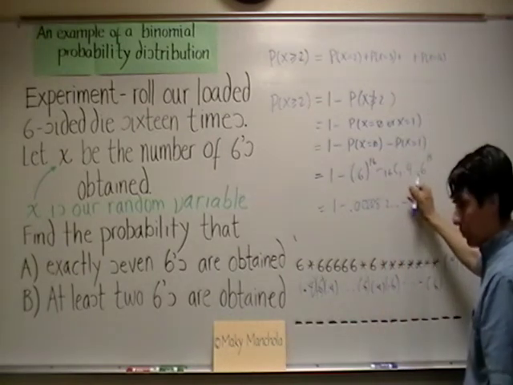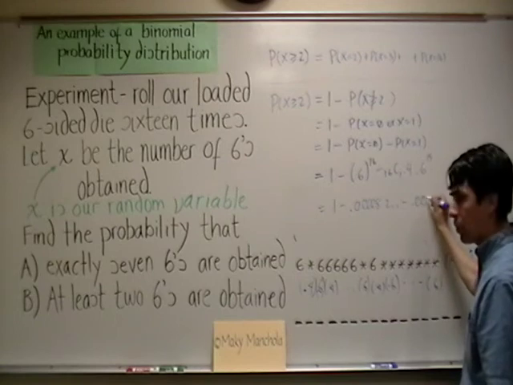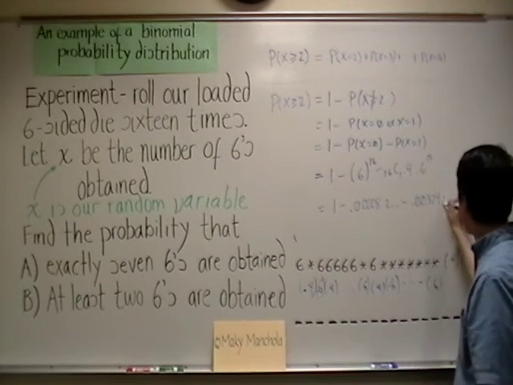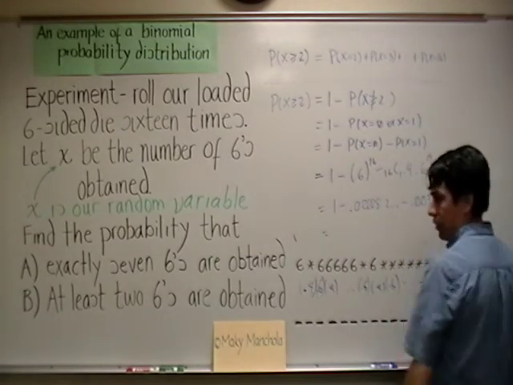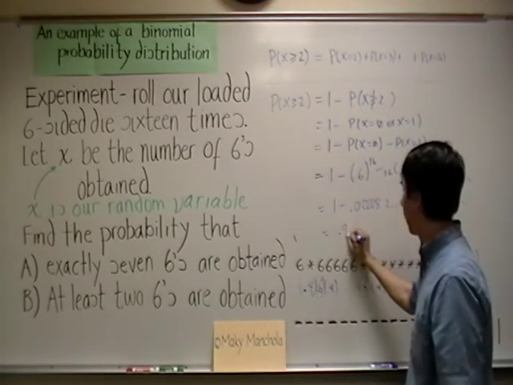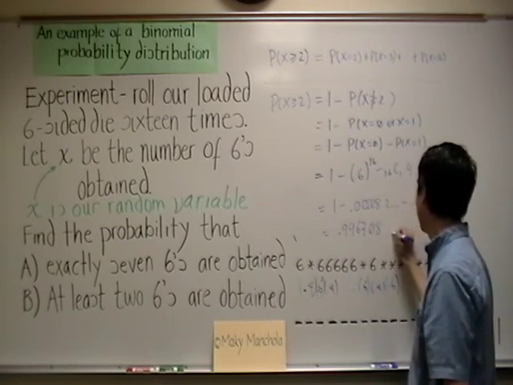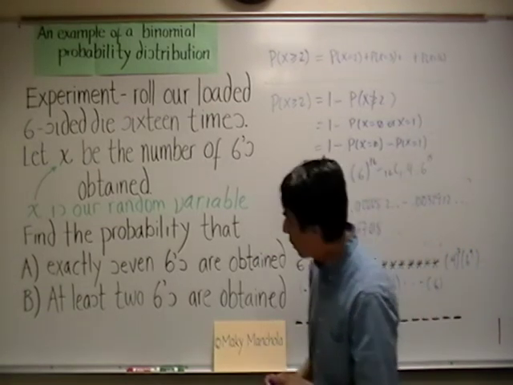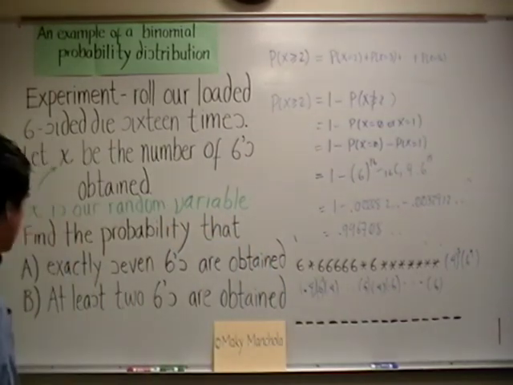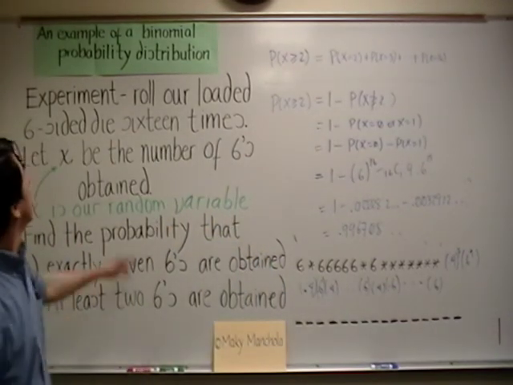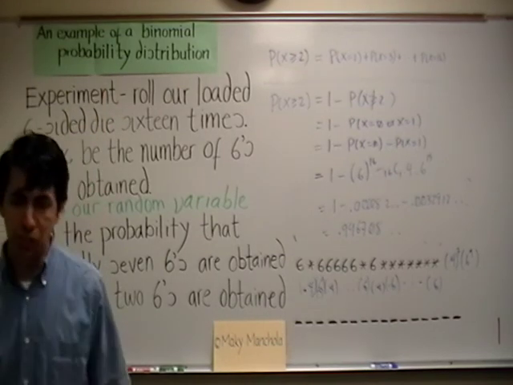And then the other one was 0.003291, etc. At the end, after you put all this together, you get 0.996708 and change. Okay, this pretty much concludes our 2 examples of binomial distributions.